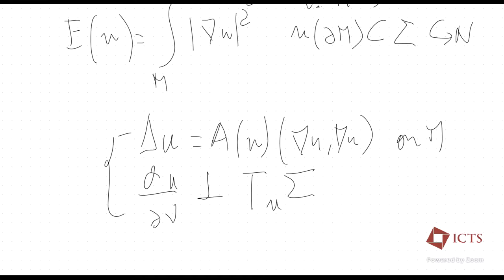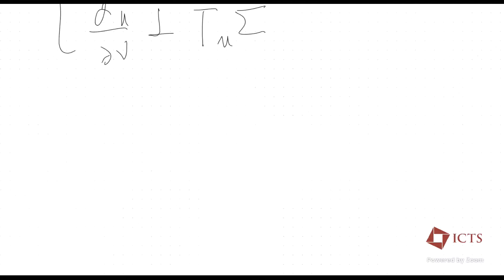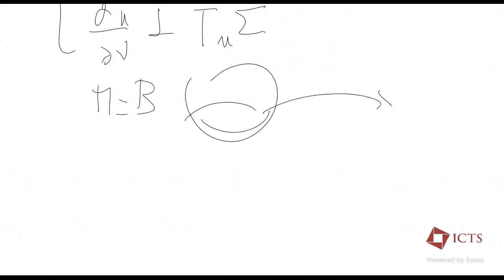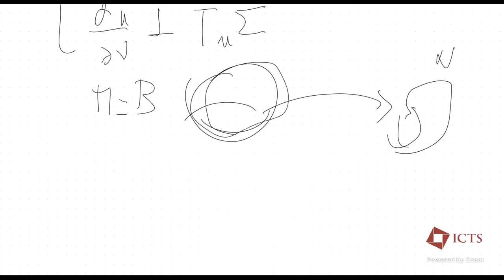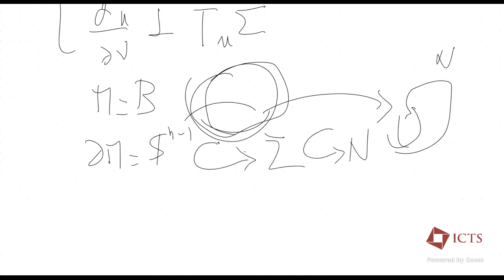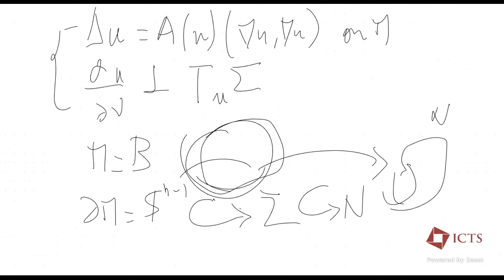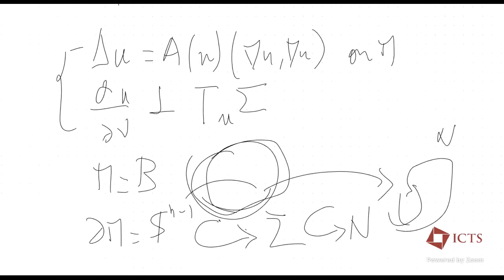Now if you draw a picture, imagine that M is a ball, and you send it to a manifold N. But the boundary of the ball, which would be the sphere, is mapped into this Sigma here, which is a closed submanifold of N. When you look at my system here, as far as the regularity is concerned, there would be two issues: the interior regularity, and now you really have a boundary.